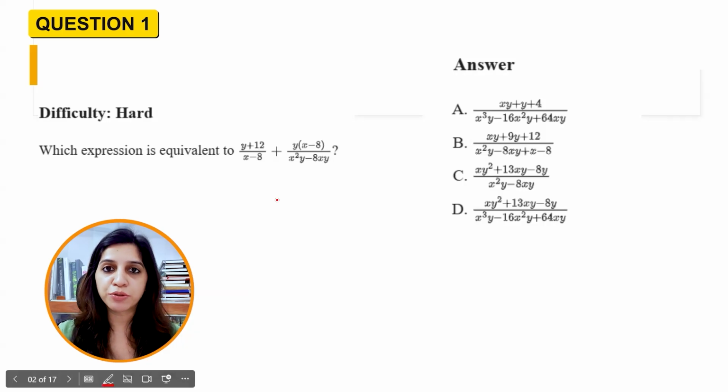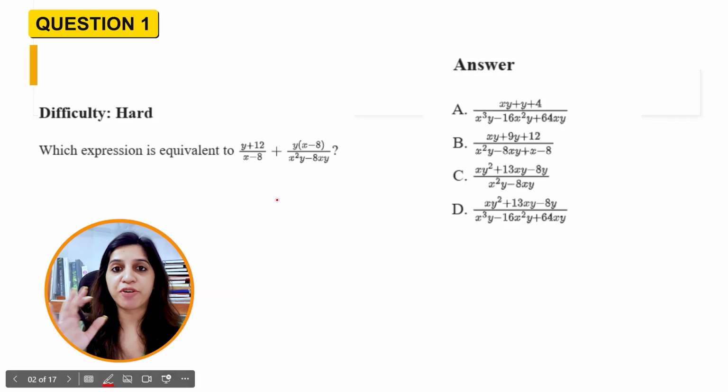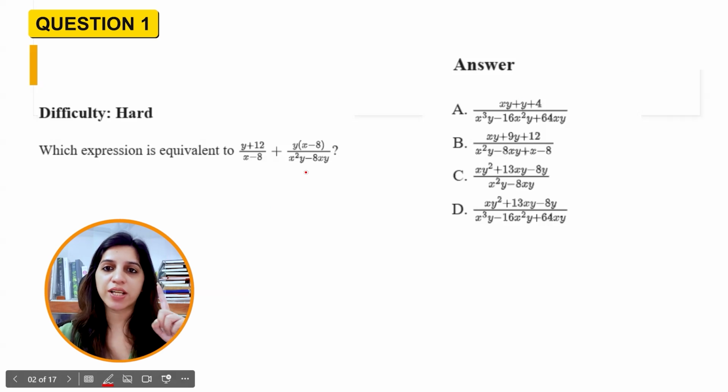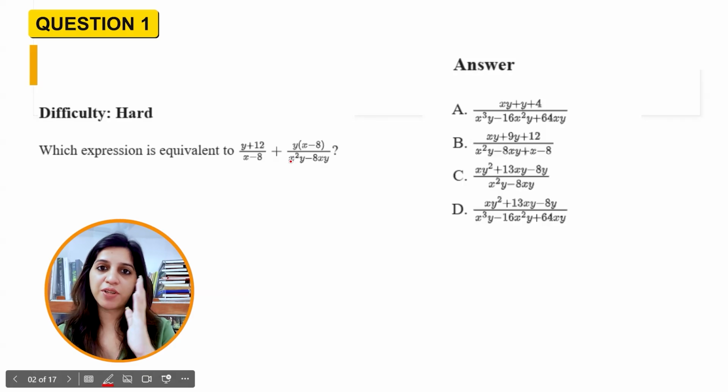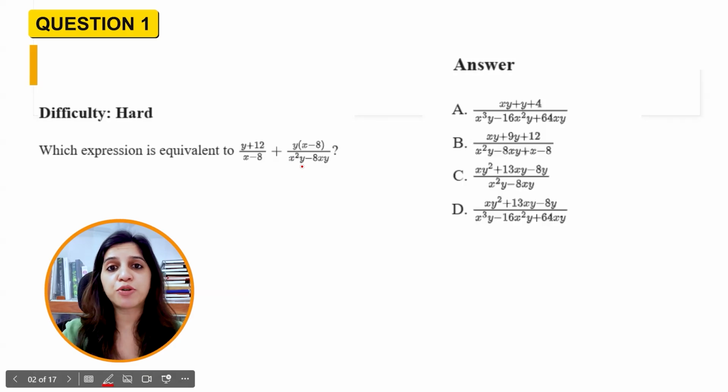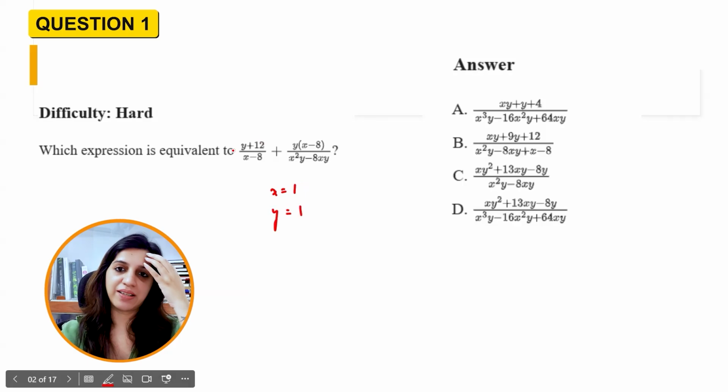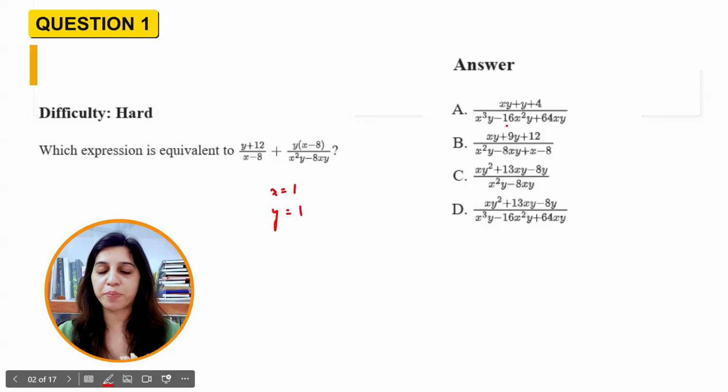Rather than taking the LCM, simplifying the expression and then putting it in the form of the numerator given in the options, I can do one small thing. Since both of them are going to be equivalent, they should be true for all values of x and y. So let's put x as 1 and y as 1, find out what the expression in the question is, and compare it to the expressions in the options.